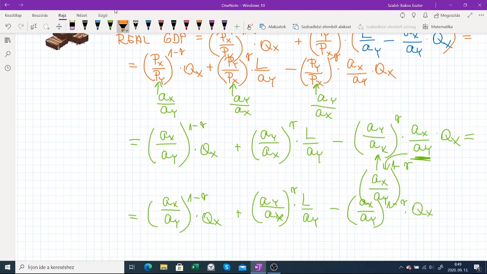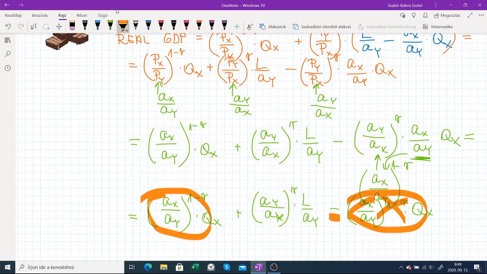But we have (Ax over Ay) raised to power 1 minus gamma times Qx with a plus sign, and (Ax over Ay) raised to power 1 minus gamma times Qx with a minus sign.